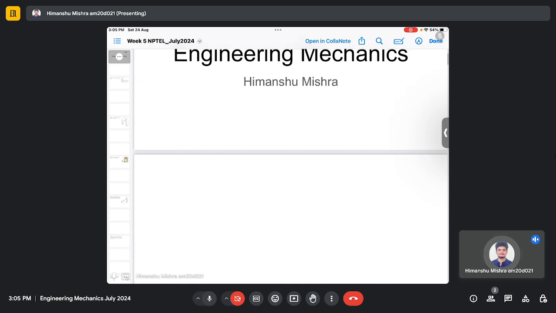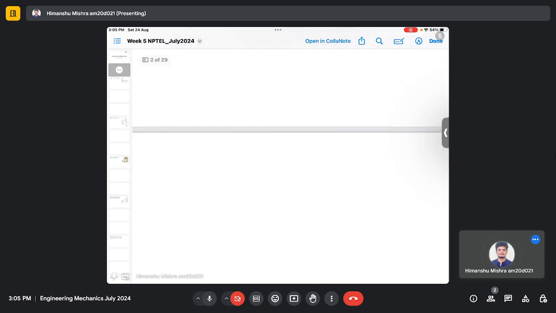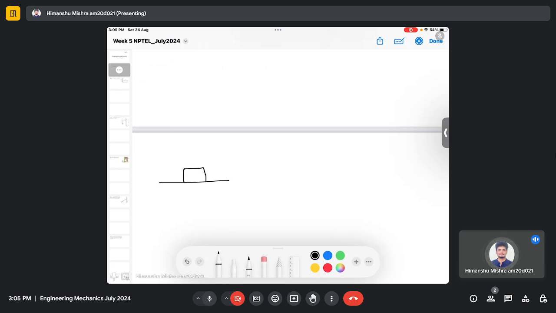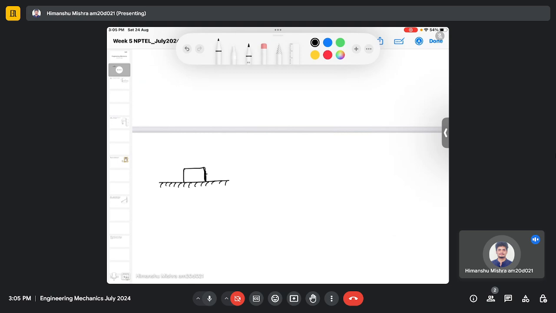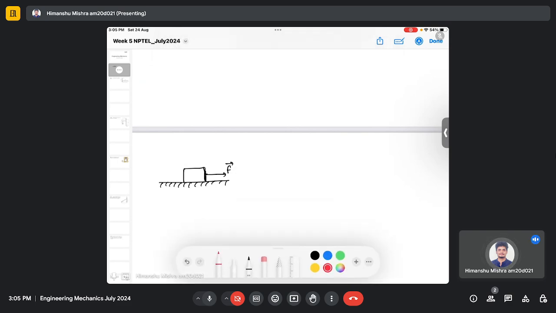Just to recap, we all know what work done is. I'm giving the standard example which you might have seen several times in the book. Let's say this is my block, some block A, and I am exerting a force F in the horizontal direction, and due to this force there is a displacement of the block.